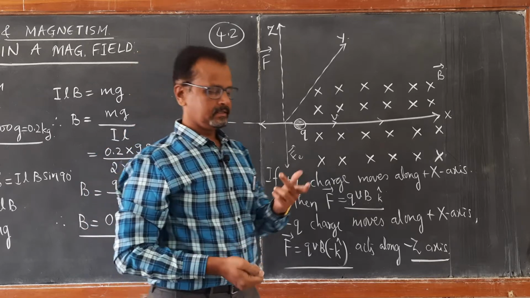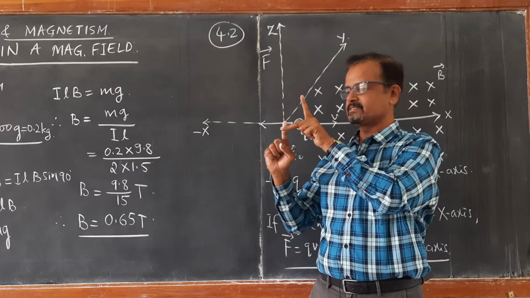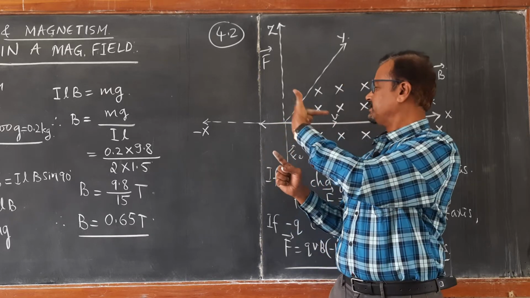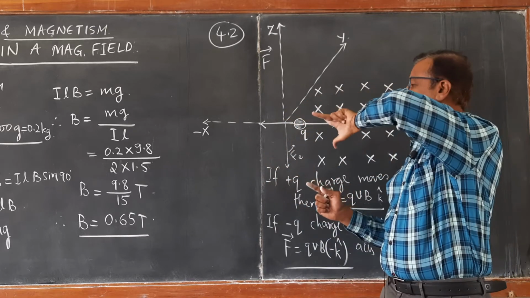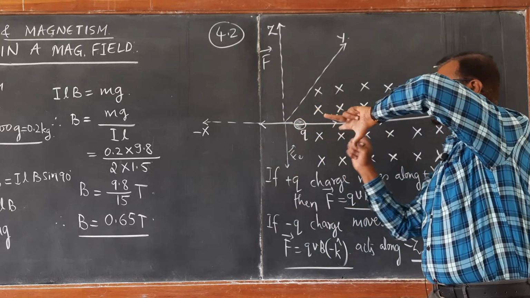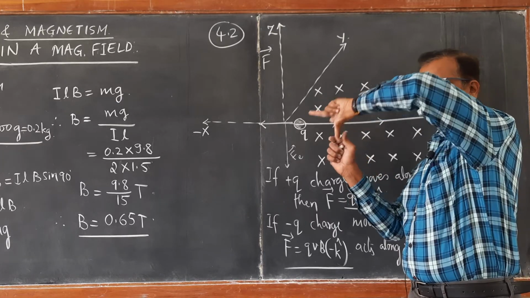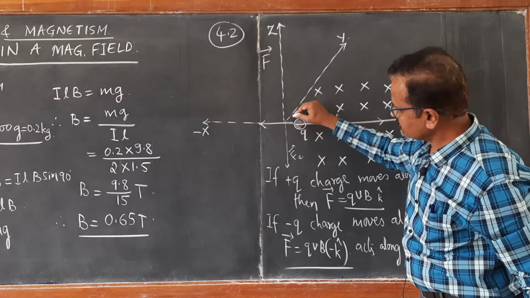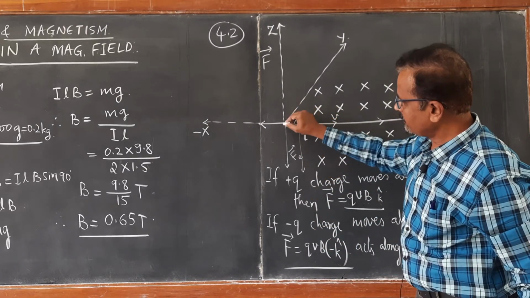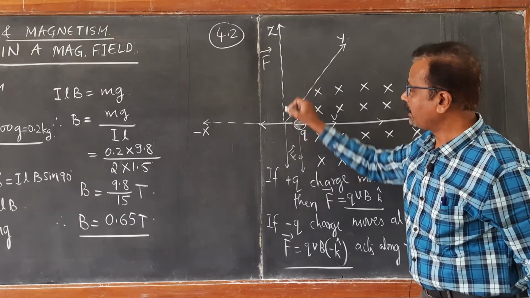Then the central finger should be taken along negative x-axis. The forefinger, index finger, is as shown acting vertically inwards. You see the thumb points vertically downwards. So this is the force experienced by the electron, which is vertically downwards acting along negative z axis.